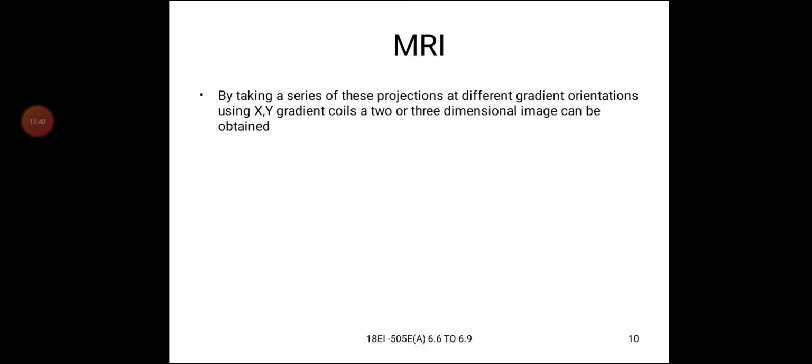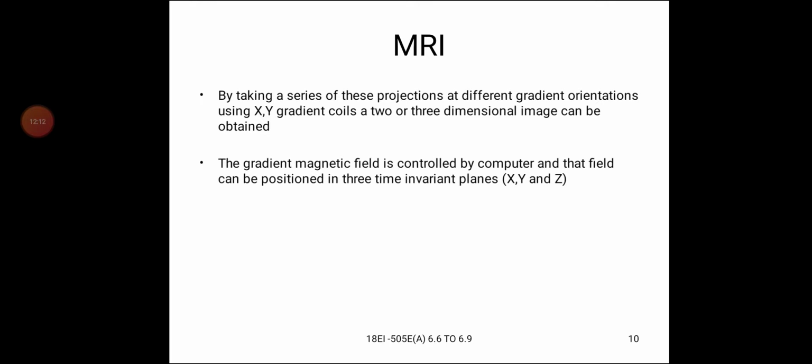By taking a series of these projections at different gradient orientations using X, Y gradient coils, a 2 or 3 dimensional image can be obtained. So these X, Y, Z gradient coils are used to get a two-dimensional or three-dimensional image.